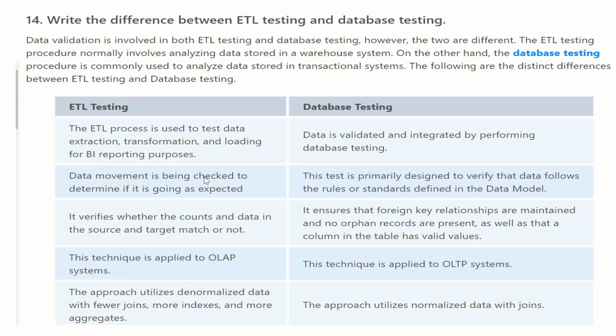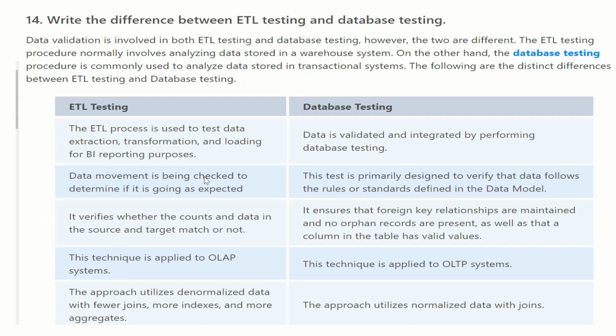The following are the distinct differences between ETL testing and database testing. So, ETL testing: the ETL process is used to test data extraction, transformation, and loading for BI reporting purposes. And in database testing, data is validated and integrated. In ETL testing, data movement is being checked to determine if it is going as expected.